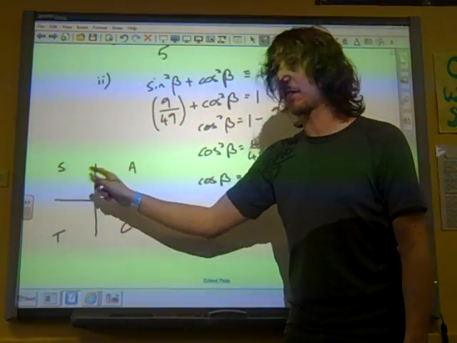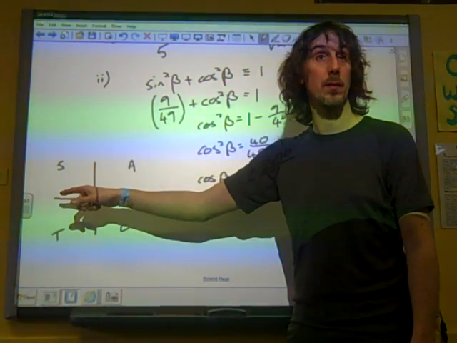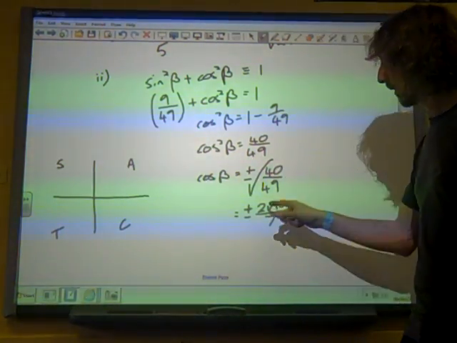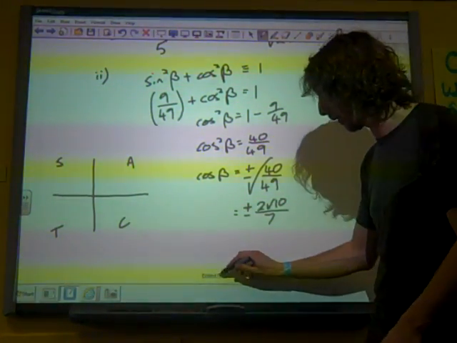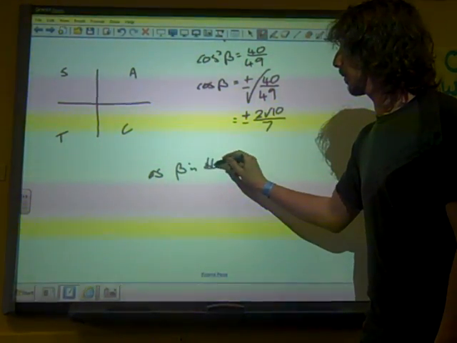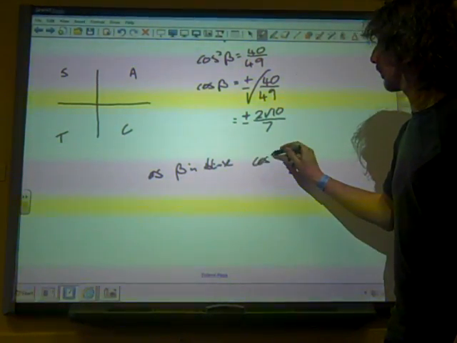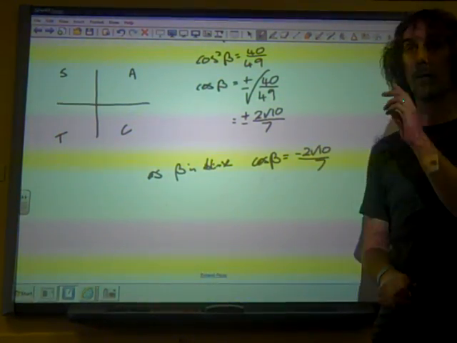So we have to be in that sector there, and in that sector cos is negative. So it can't be the plus 2 root 10 over 7, it must be the minus. Cos beta is minus 2 root 10 over 7.